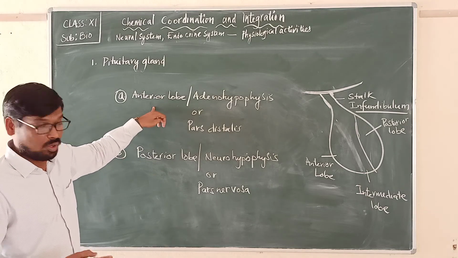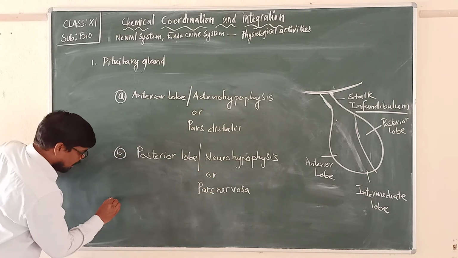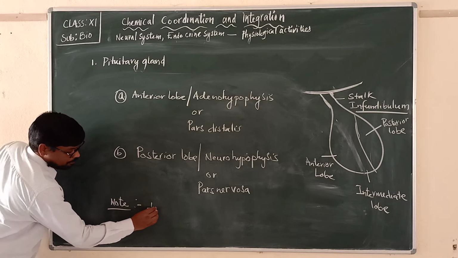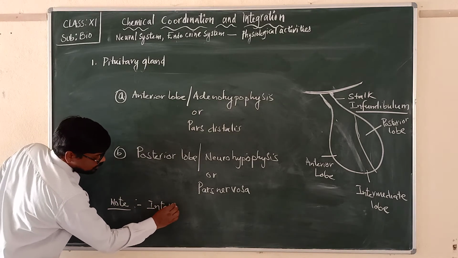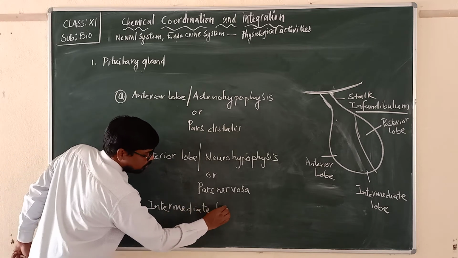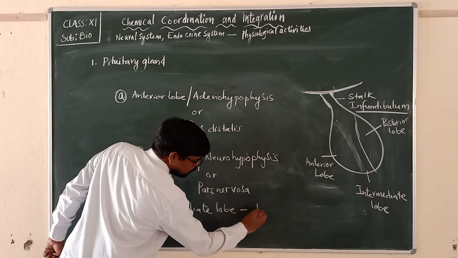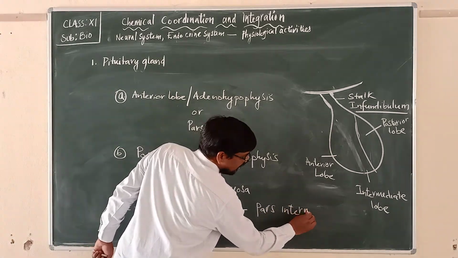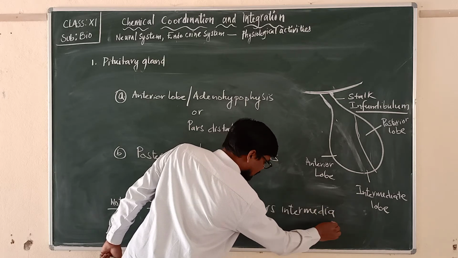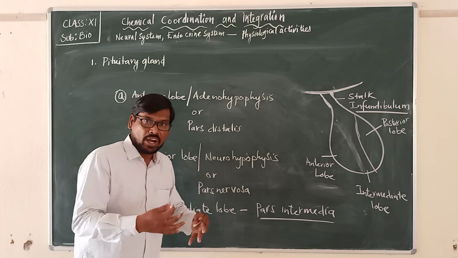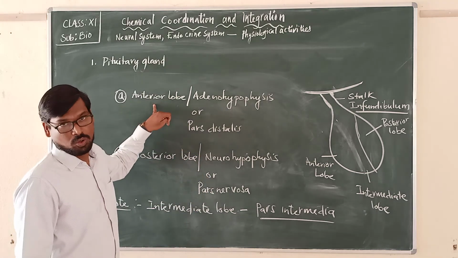In the human pituitary gland, this intermediate lobe is known as pars intermedia, but this pars intermedia is merged and joined with the anterior lobe.